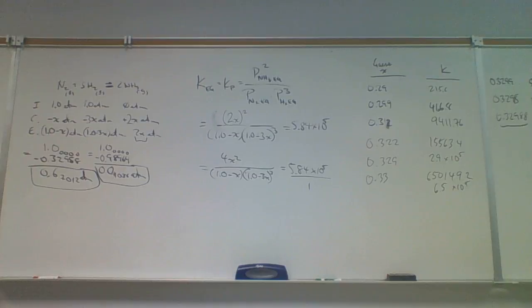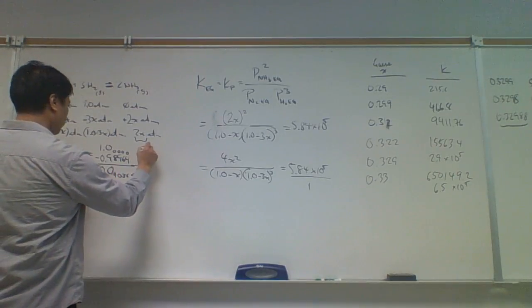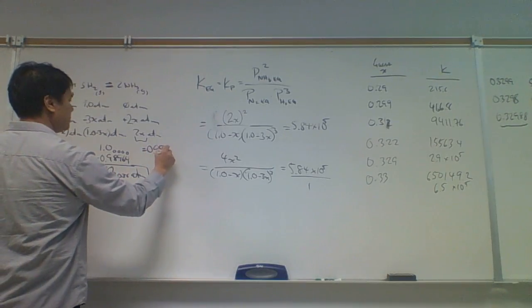Right, and then the ammonia is equal to 2 times 0.32988, which is 0.65976.